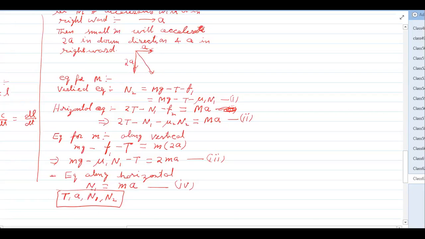First, if you see N1 equal to ma, we can replace N1 in every equation.